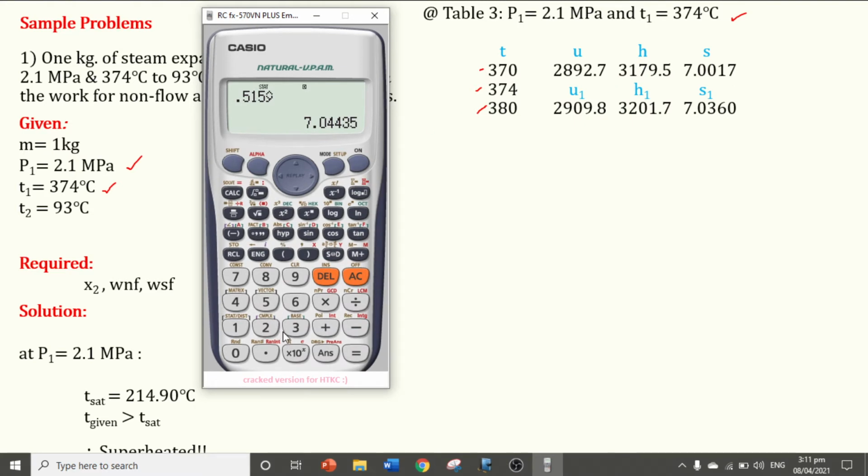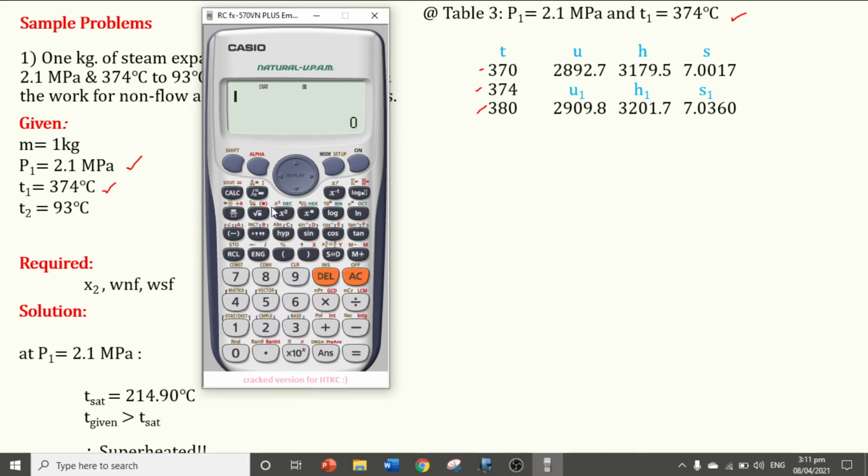Okay, so by interpolation, kunin natin si U1. So mode 3, lagay lang natin 370 tsaka 380. So 2892.7, 2909.8. Sorry.